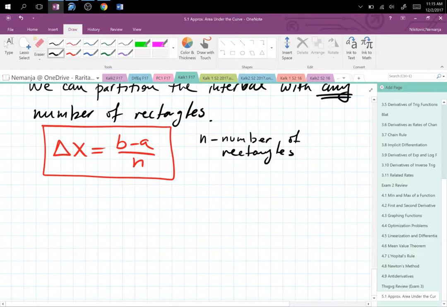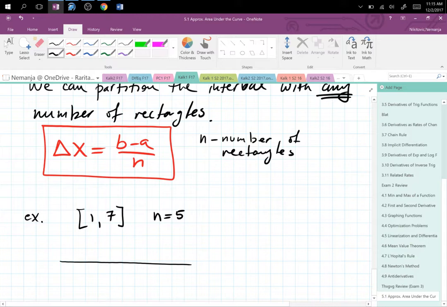So, as an example, say you're on interval 1 to 7 with n equals 5. So 5 rectangles on the interval 1 to 7.